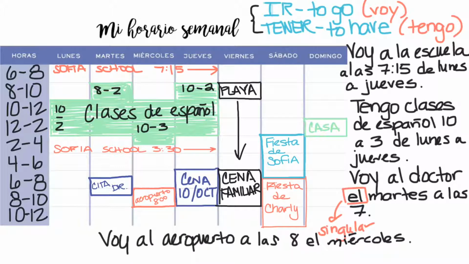So what I'm going to ask you to do is to fill out a template. Doesn't have to be this exact one. To fill out a template with your weekly schedule for this week, or if you feel more comfortable doing a general week, that's fine. And then to write at least 10 sentences describing the different things that happen throughout your week.